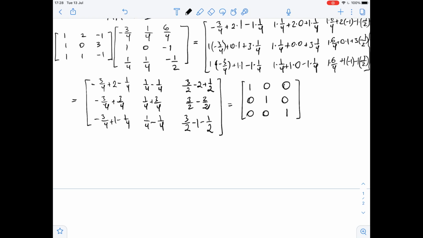So as you can see, we have received an identity matrix. So that means that the given matrix is the inverse of matrix A. So B is the inverse of A.